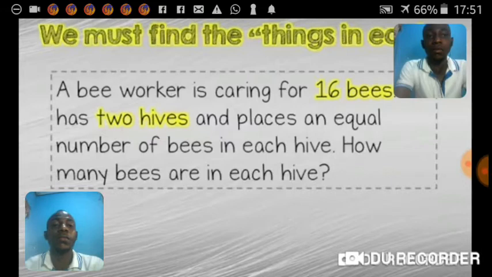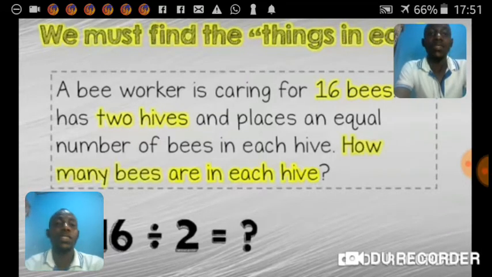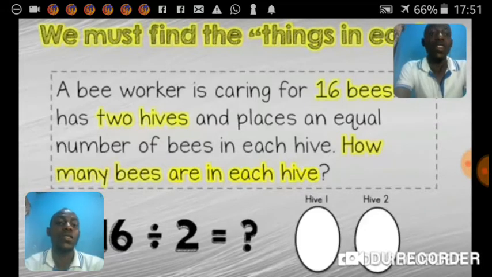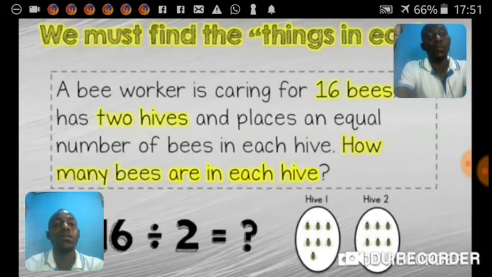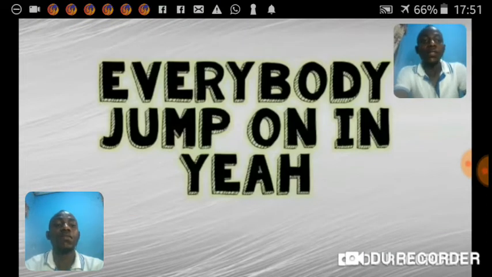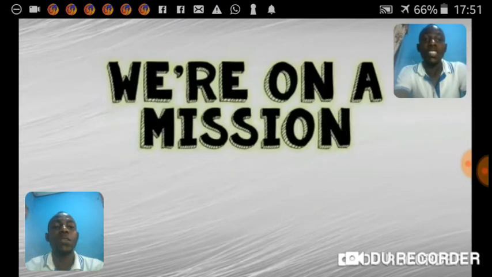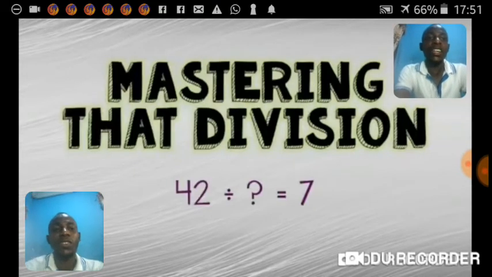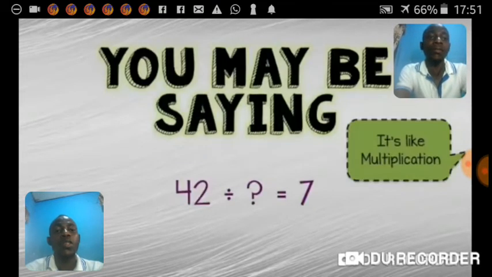Oh. We must start with these in each. In this case, how many B's? 16 divided by By 2. two. Let's try it out. Bang. Equally. How many B's do you see? In each half, there are 8. That's our quotient. Everybody jump on in, yeah. We're on 16 divided by 2 is 8. Starring division. 2 groups of 8 each.